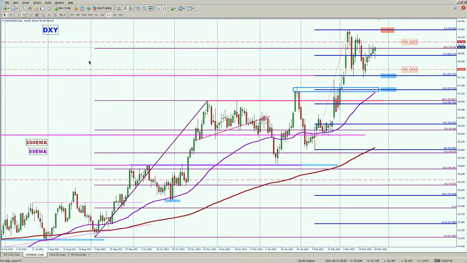Well, here's the US dollar index, DXY. And the last week has just been slowly grinding its way up, trying to approach the 99.00 level after finding support from the 38 fib retracement back down from the highs and bounce off from the 98.00.